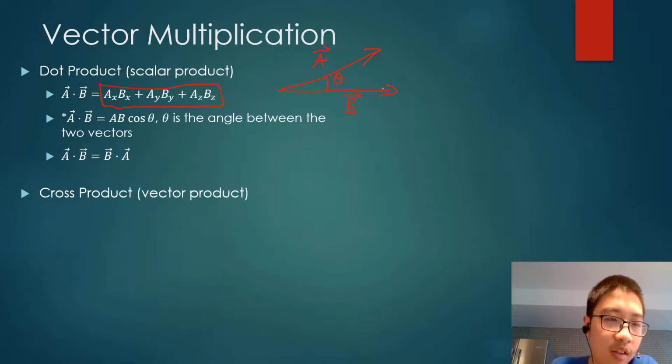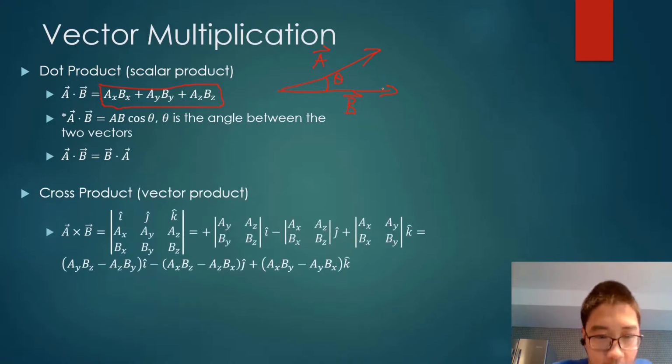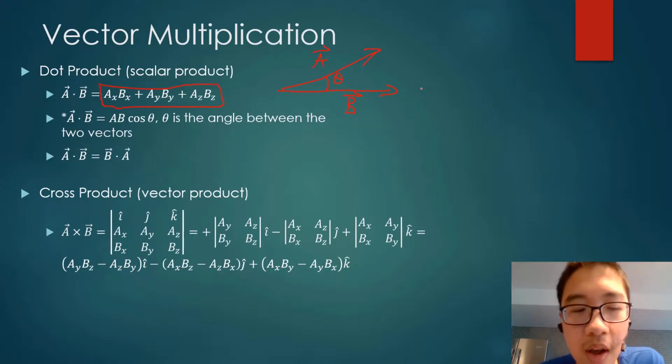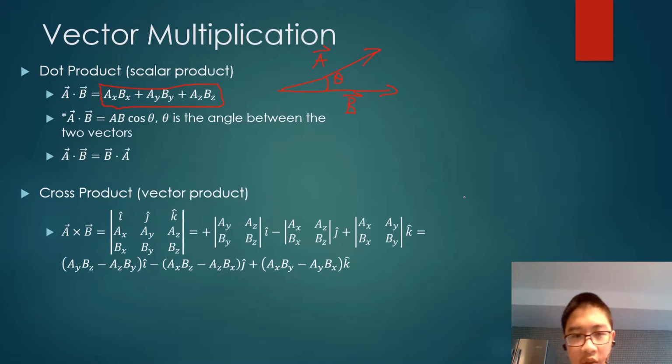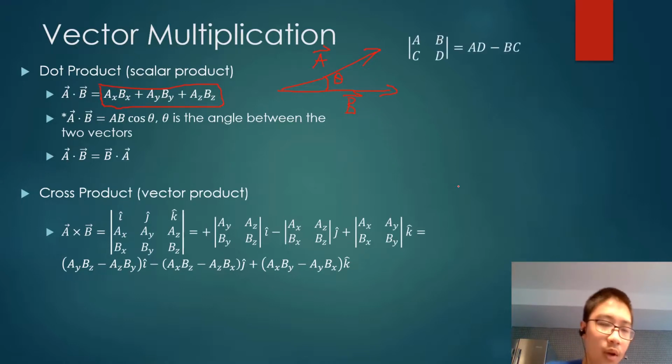The cross product is also called the vector product. It becomes a little bit complex, but you can still find some pattern in it. Let me tell you how to evaluate a cross product. Before calculating a cross product, we need to know how to calculate the determinant of a 2 by 2 matrix.